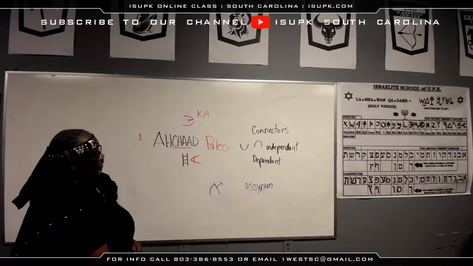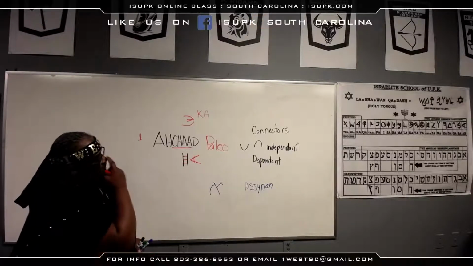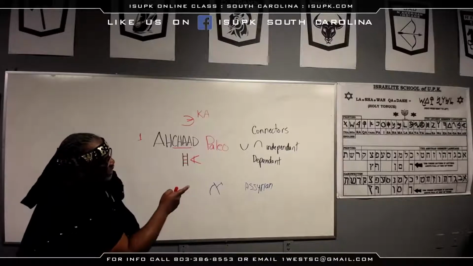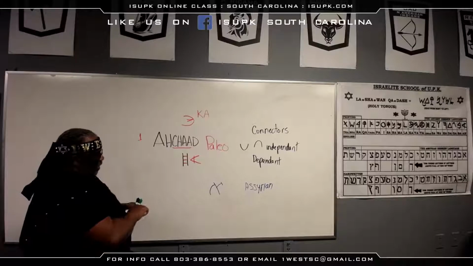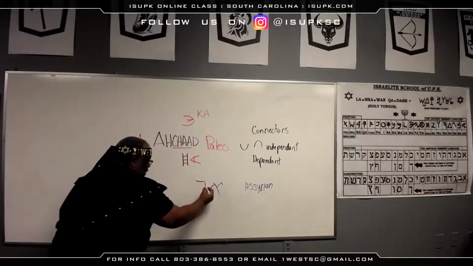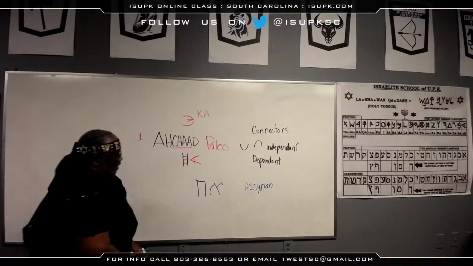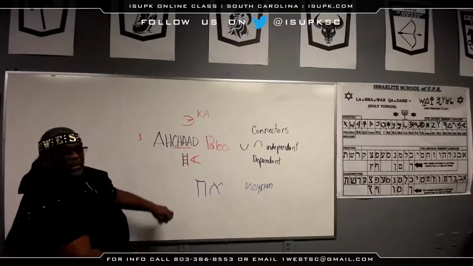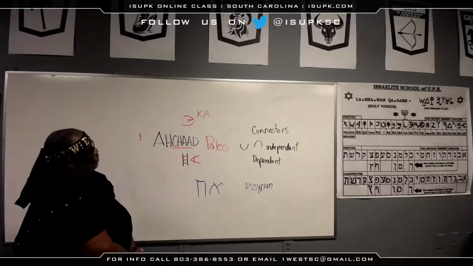You have to go to the chart over here, and you have to look at the real ka. The real ka looks like this, sort of like that with a straight line down. It's like a stem, like that. That's ka. And of course you have to put a D on the end.